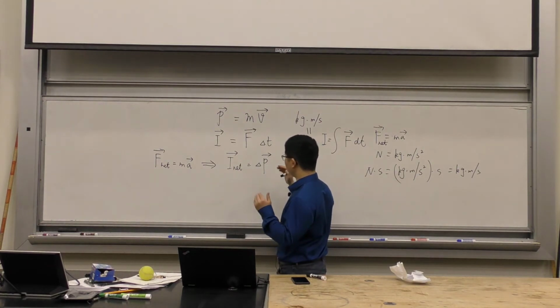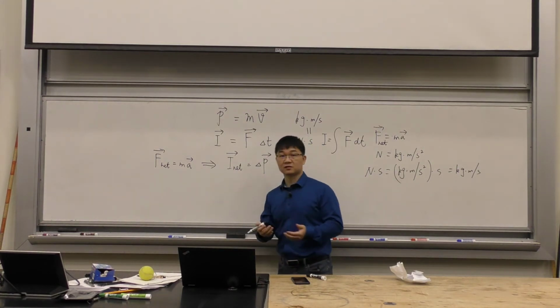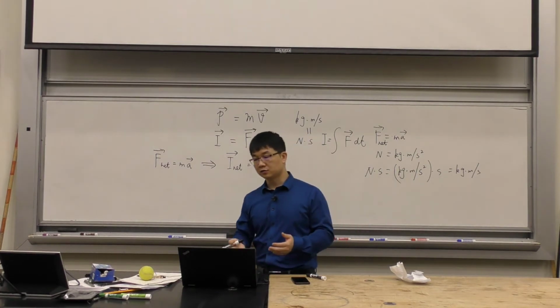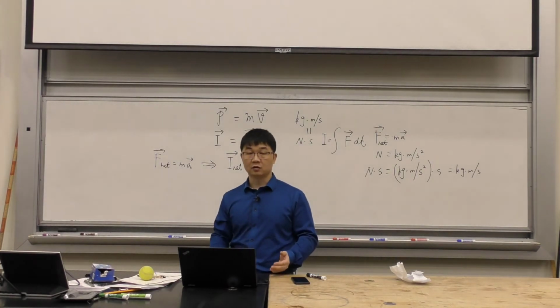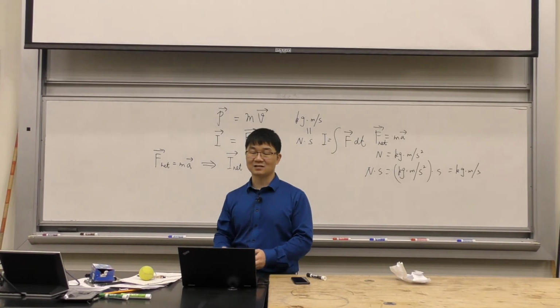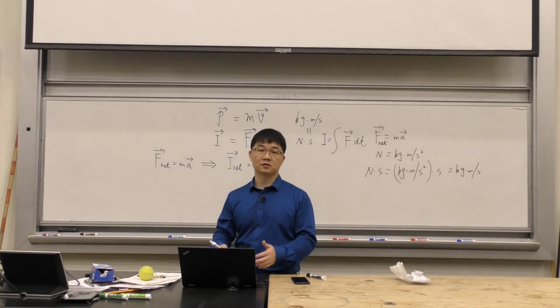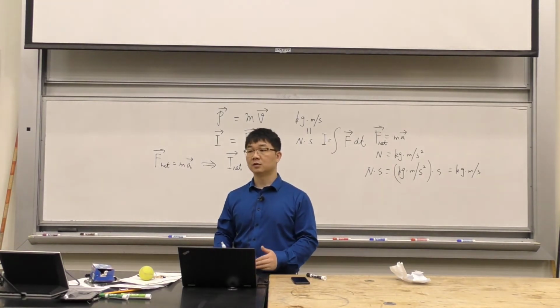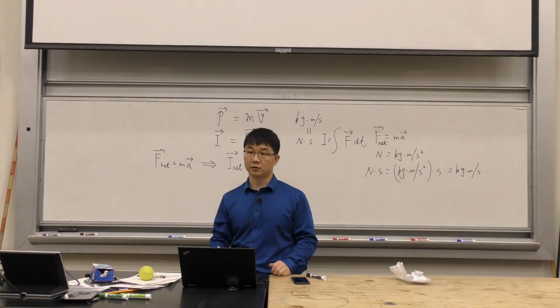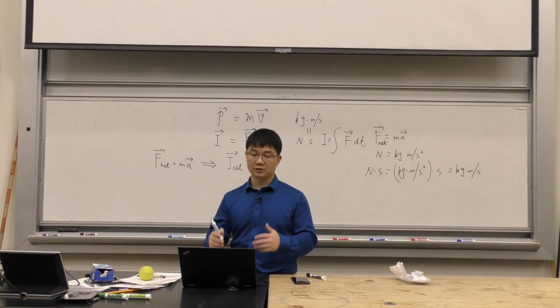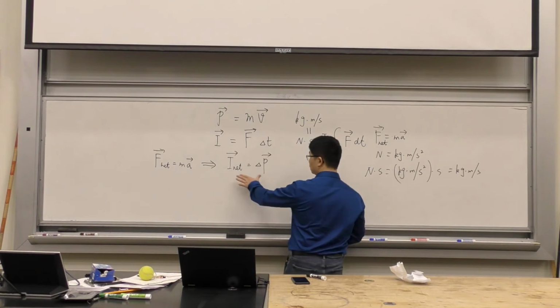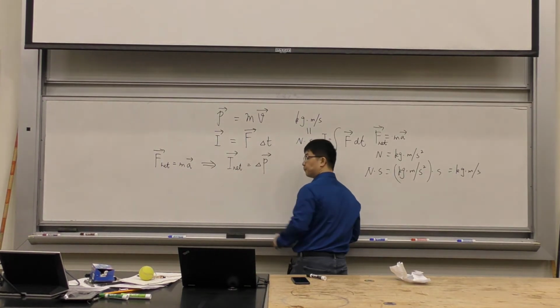So I want to have a process where the velocity is changing, so there's acceleration. Okay, what is the simplest motion that has an acceleration? Well, constant acceleration. And what is the most common constant acceleration in real life? Free fall. So let's use free fall to verify this theorem.